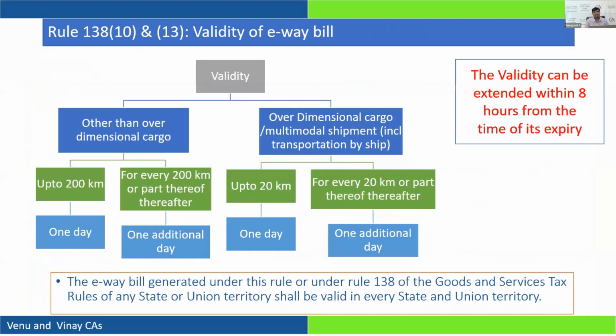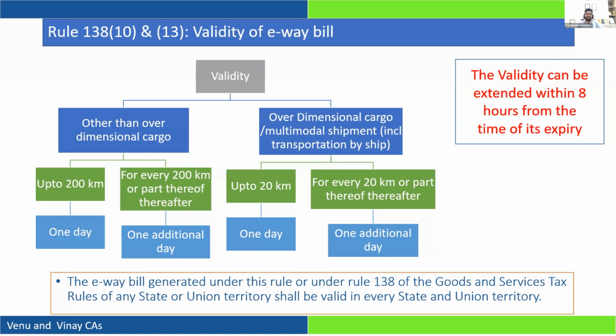Okay. So Venu sir has just said that the validity will depend upon the number of kilometers. What is the validity of the e-way bill for normal dimensional cargo, that is, a normal truck? In that case, validity will be 1 day for every 200 kilometers.